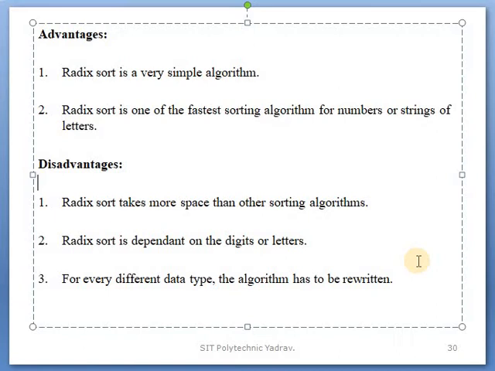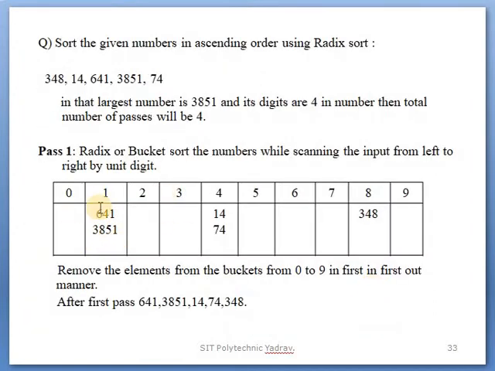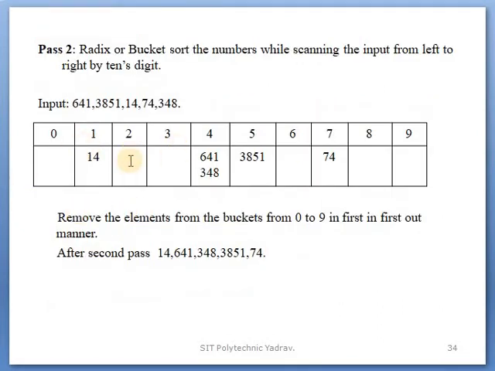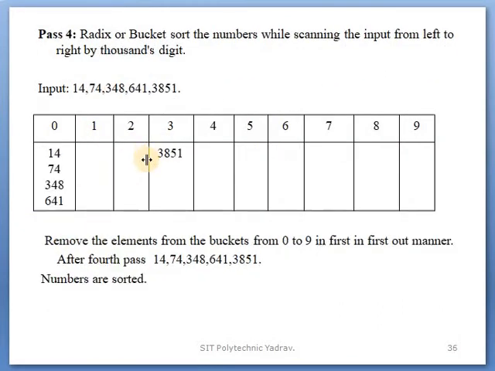In the third pass, the hundreds positions of the numbers will be sorted. So for different data types, the algorithm has to be rewritten, one type for the first pass, another for the second, and so on for the third and fourth.